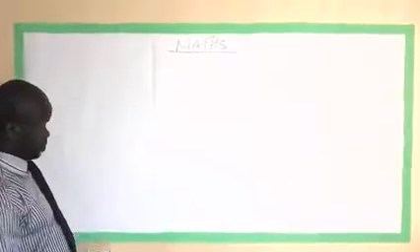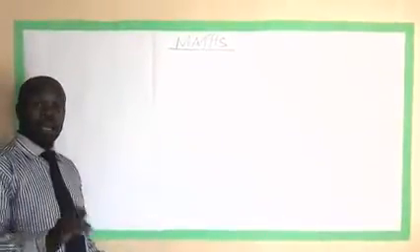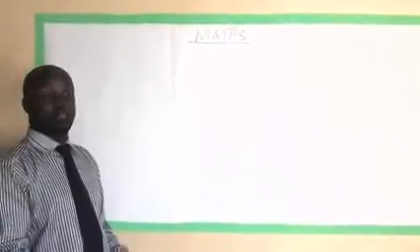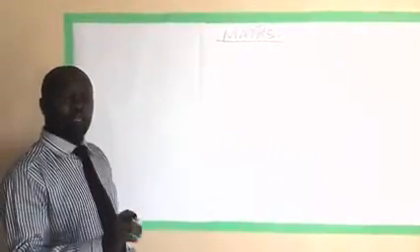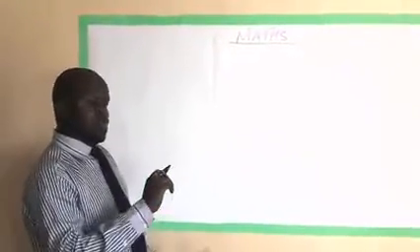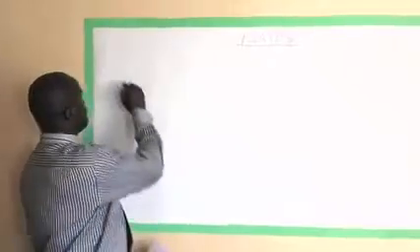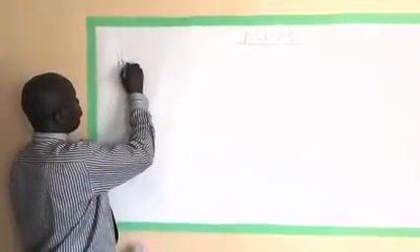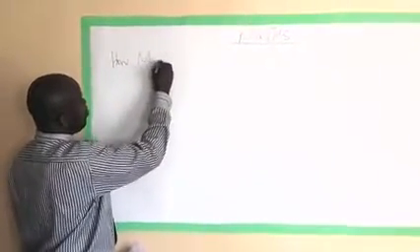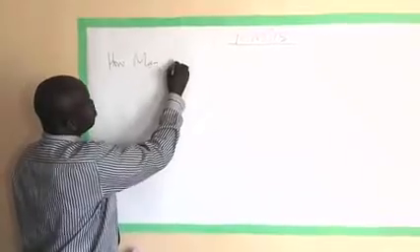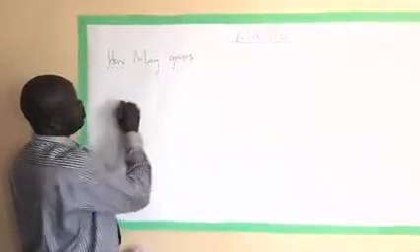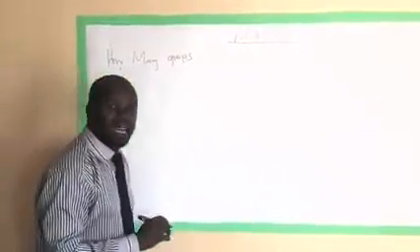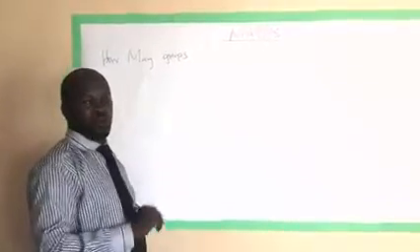Math revision. I will start with the first areas in mathematics. There are key areas where they normally talk about how many groups of hundreds are in the following number.